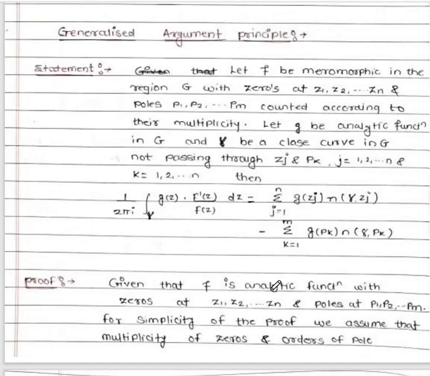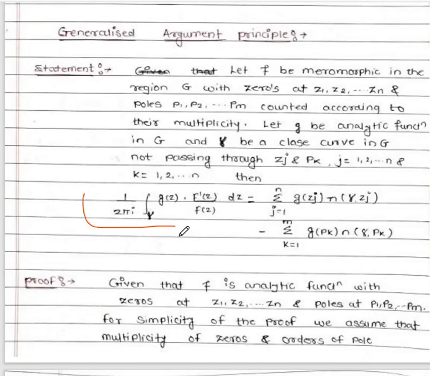The statement of the generalization of the argument principle is: let f be a meromorphic function in the region G with zeros at z1, z2, zn and poles p1, p2, pm counted according to their multiplicity, and let g be an analytic function in G and gamma be a closed curve in G which is not passing through zj and pk, where j equal to 1 to n and k equal to 1 to m.